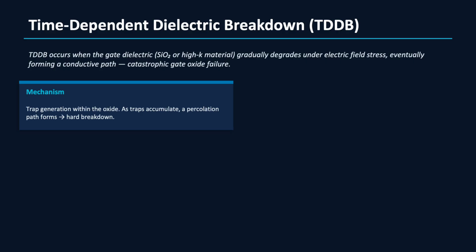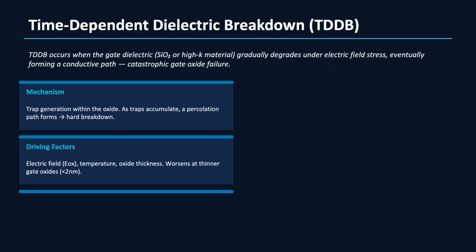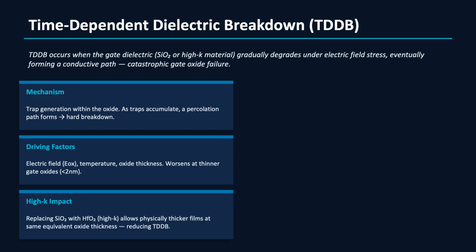The mechanism involves trap generation within the oxide. As traps accumulate, a percolation path is formed leading to hard breakdown. The driving factors are electric field, temperature, and definitely the oxide thickness. It worsens at thinner gate oxide, like less than 2 nanometer.